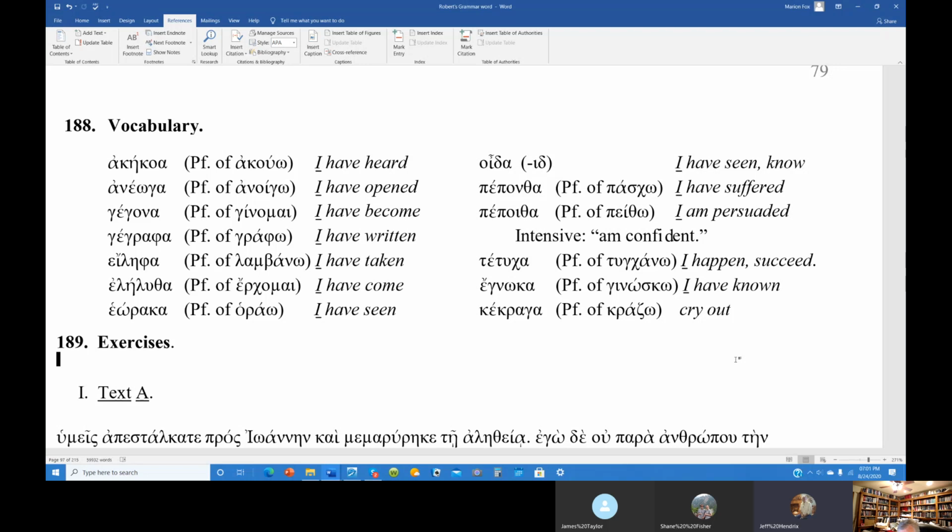Let me read Thayer's first definition: trans., which means transitive, properly to hit the mark, opposed to hamartano, which is the word to miss the mark. So he has it in opposition to it. But that's with the throwing of a javelin or shooting an arrow. And tropically, which means it's figurative, to reach or attain or obtain, to get or become master of a thing. But it can be intransitive.